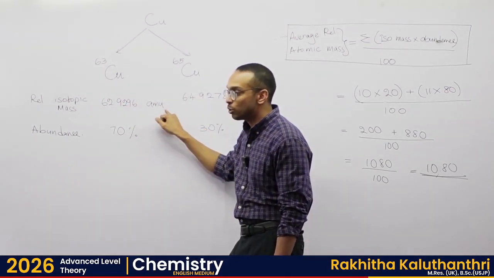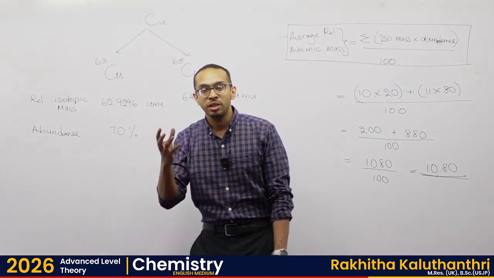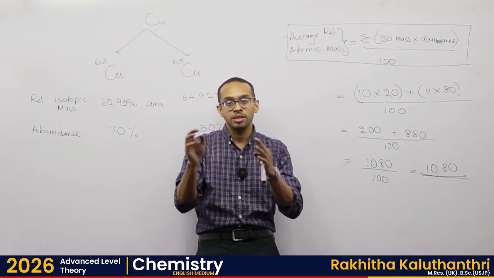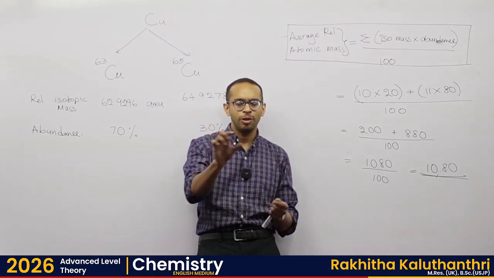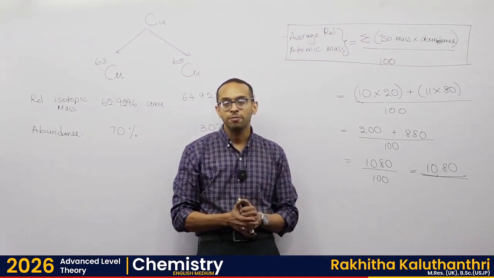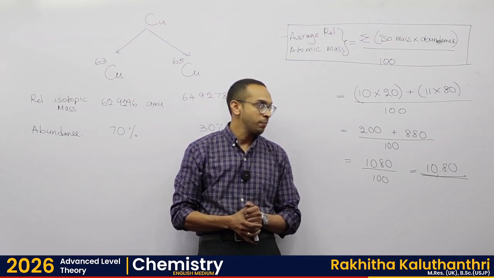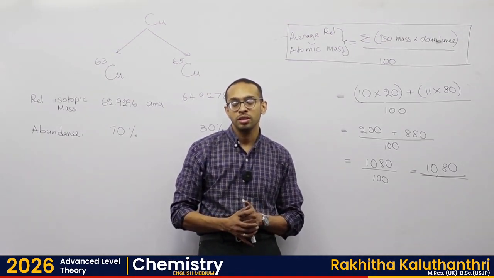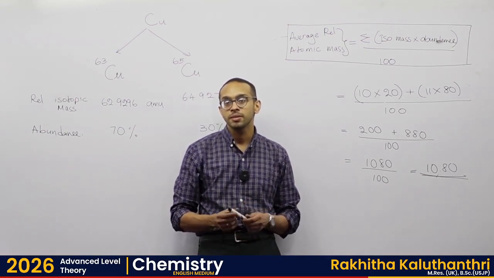It has the unit AMU. AMU is a unit that is given for relative atomic masses, relative isotopic masses, relative molecular masses. All of them follow this AMU unit. That's a fake unit. Not fake, we say arbitrary unit. Why do we call the relative atomic mass an arbitrary unit?